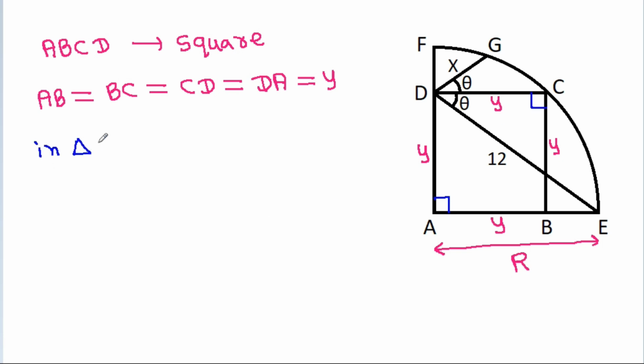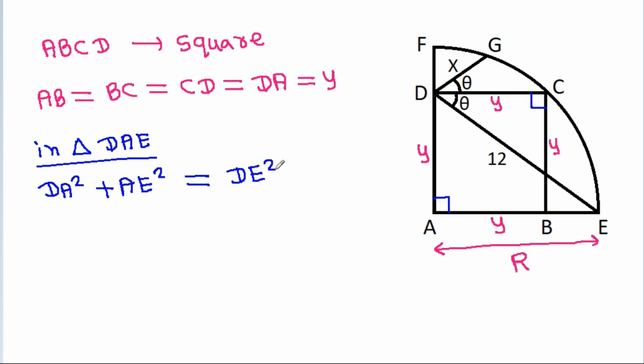So in triangle DAE, DA square plus AE square will be equal to DE square, and DA is Y square plus AE is r square, is equal to DE is 12 square.